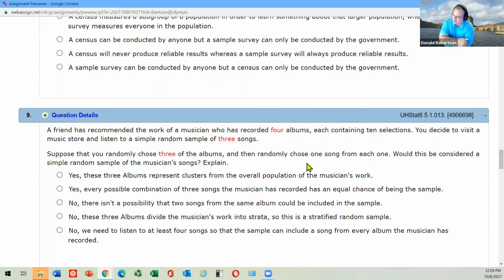Right, first song in his first album, first song in his second album, all the way through. So do you see that these are different ways of sampling the songs? I mean, wouldn't a census be, I listened to every single one of their songs? I guess at the end of that, the answer would be, I like this guy, or no, I don't. So that's how you would get through that type of thing.